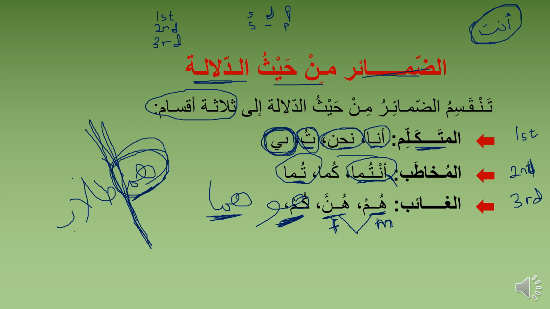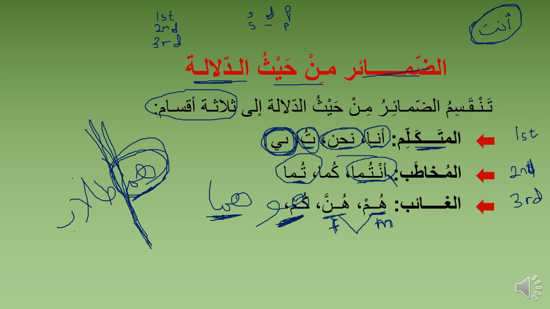Number two, in terms of denotation, that is what it is referring to. Then I want to add something in terms of number, that is how many are the persons we are using the pronoun to represent. Is it singular, is it dual, is it plural?